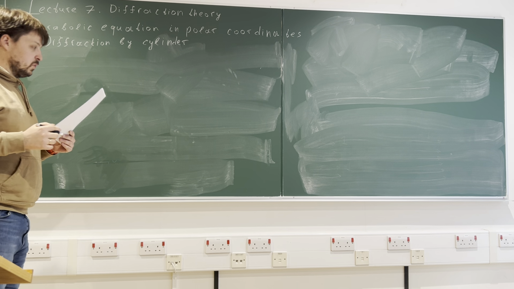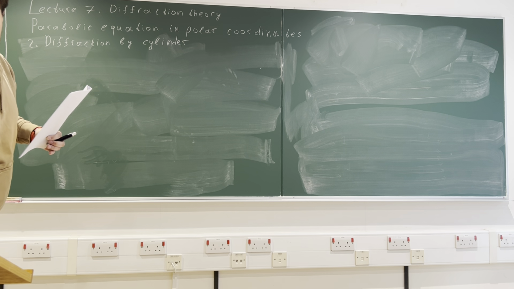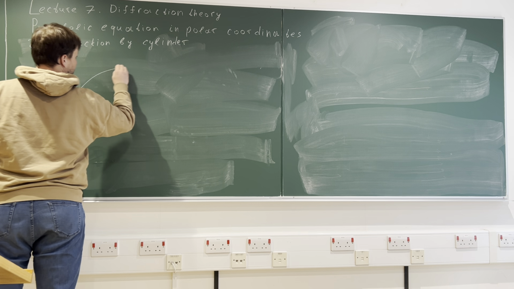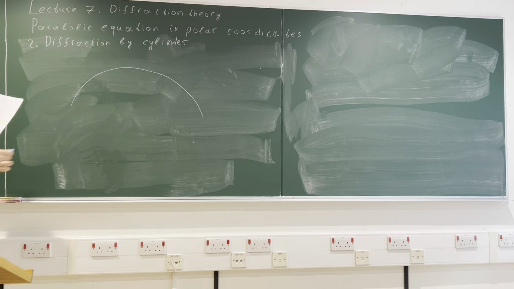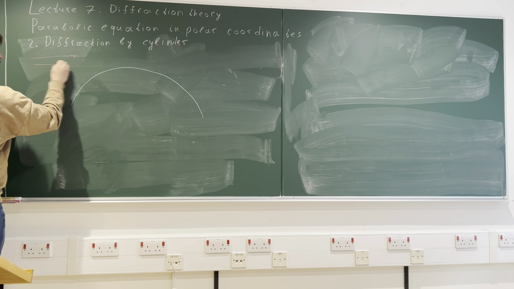So we have a cylinder. And of course, I suppose that the radius is quite big. Then I have a plane wave coming like this.